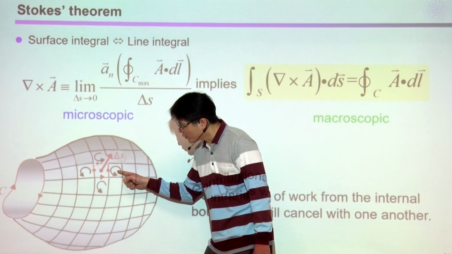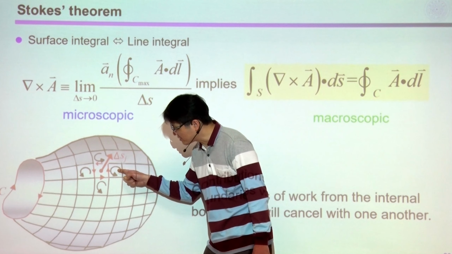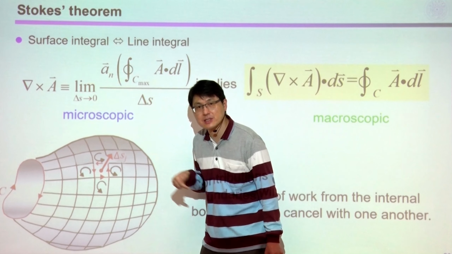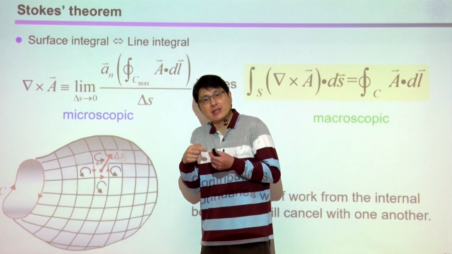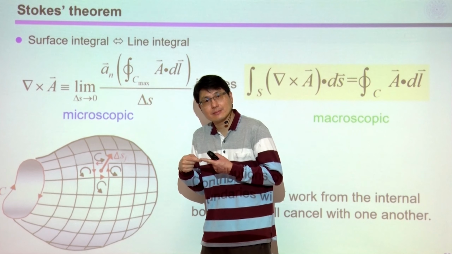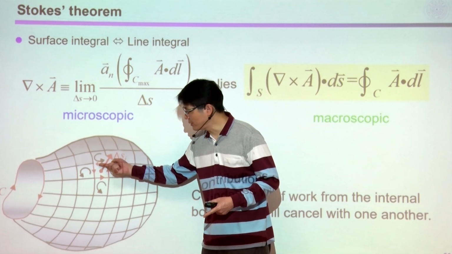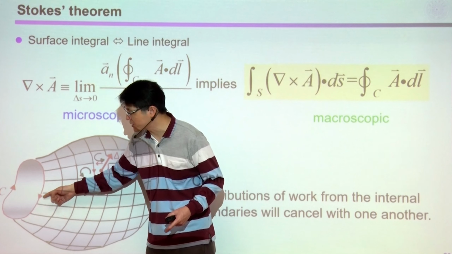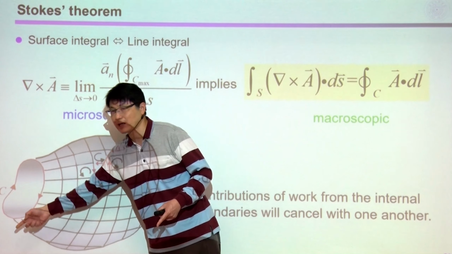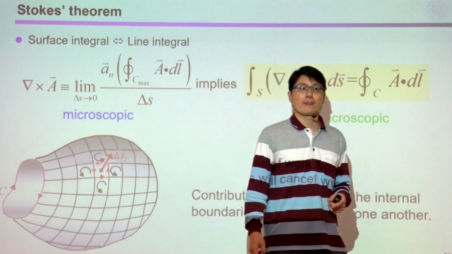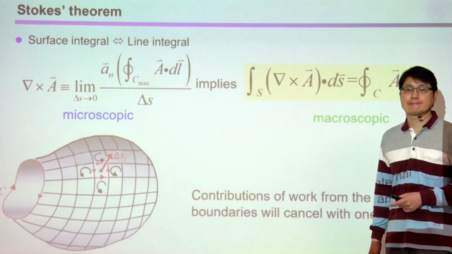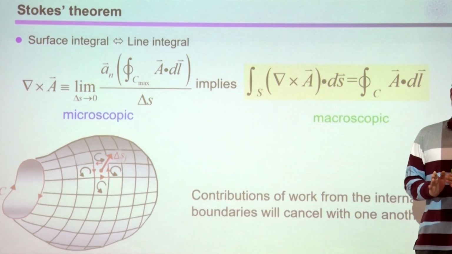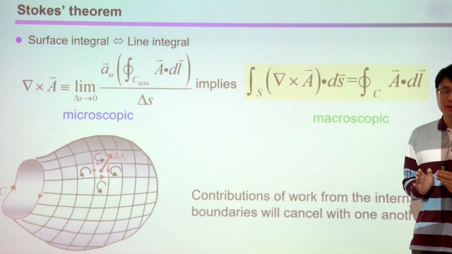But when I evaluate the circulation for the adjacent surface, that same segment needs to point downwards. So eventually they cancel out. So do these two. Cancel out, cancel out. So everything's being canceled. The only thing not being canceled is the outermost contour. Okay? So this is the physical meaning of Stokes' theorem.